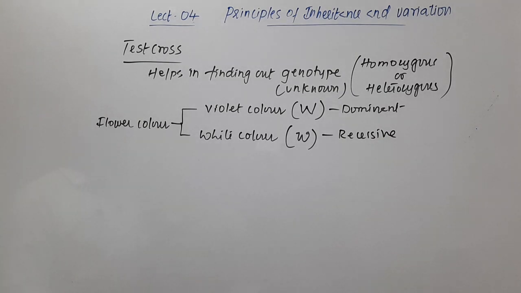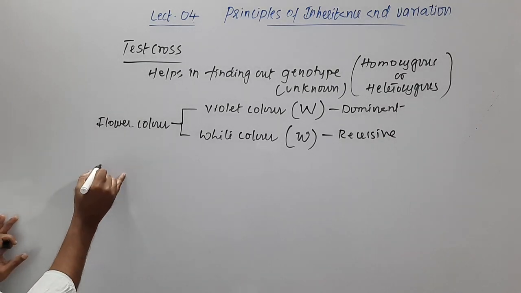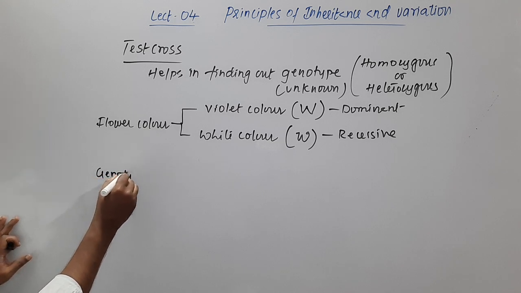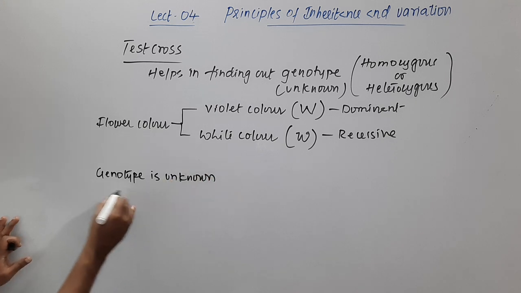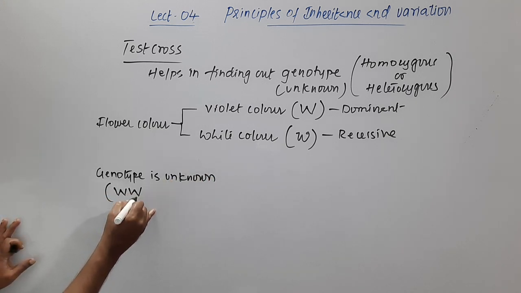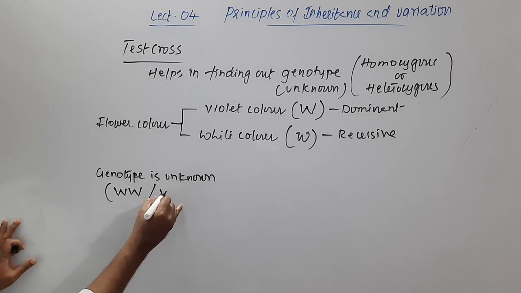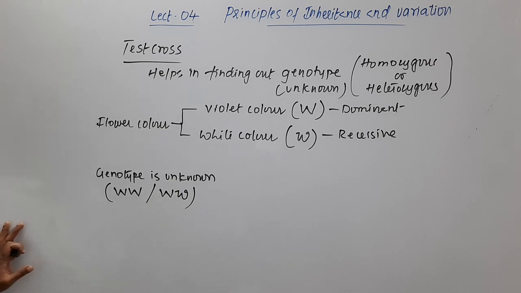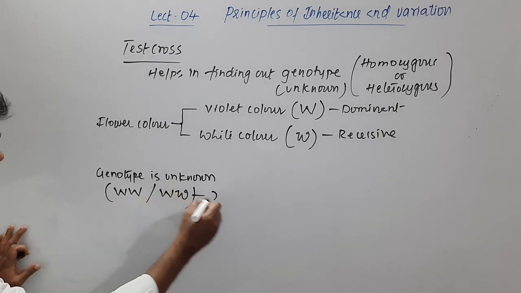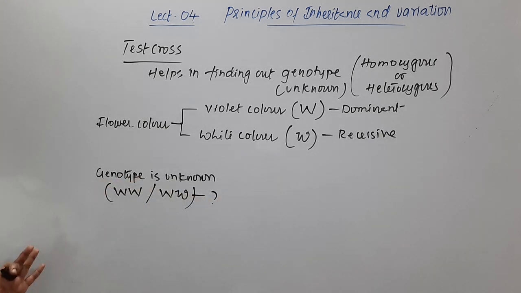Here I have an individual whose genotype is unknown. Is it capital W capital W, or capital W small w? Which one is the genotype of this individual?